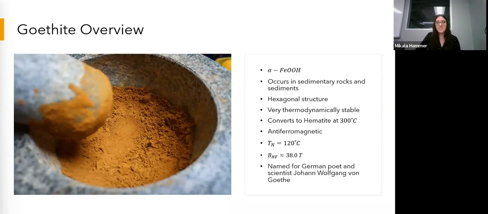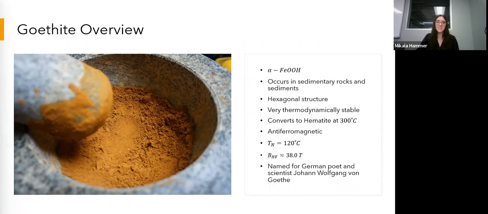First, we have Quadtite, which occurs in sedimentary rocks and sediments naturally. It has a hexagonal crystalline structure. It is quite thermodynamically stable. It only makes one conversion, and that's to one of our other phases, hematite, at around 300 degrees Celsius. It is an antiferromagnetic material.